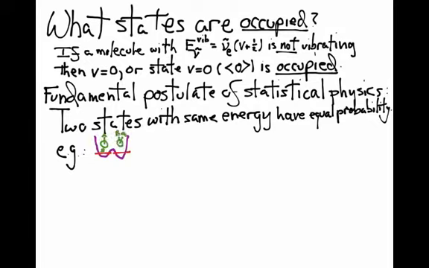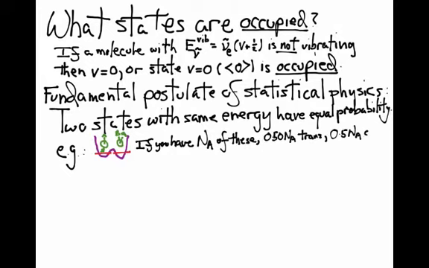I've got a W well here, with a trans-type isomer on the left-hand side, a cis-type isomer on the right-hand side, and for the sake of argument, let's say that the energies of those two isomers are identical. The formation enthalpies are the same. So if I have Avogadro's number, a mole of these things, I'm going to find half of them, 50% of Avogadro's number, in the trans conformation, and 50% in cis.